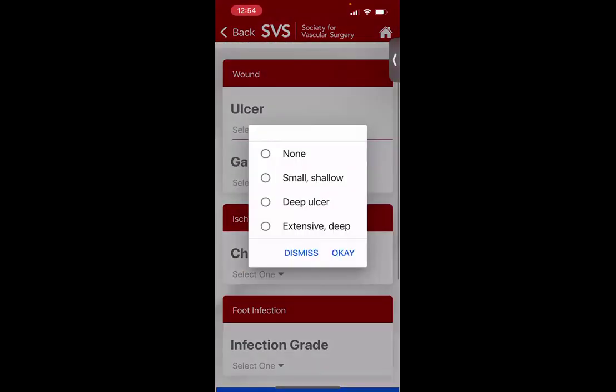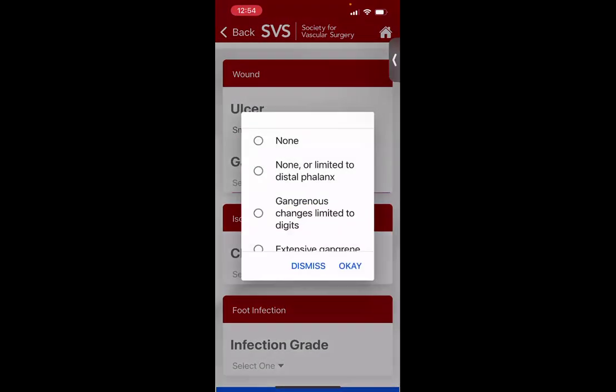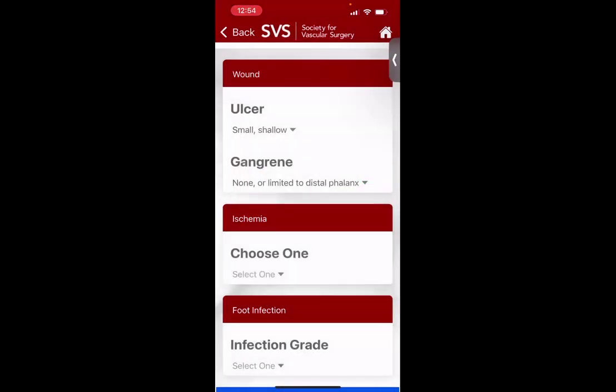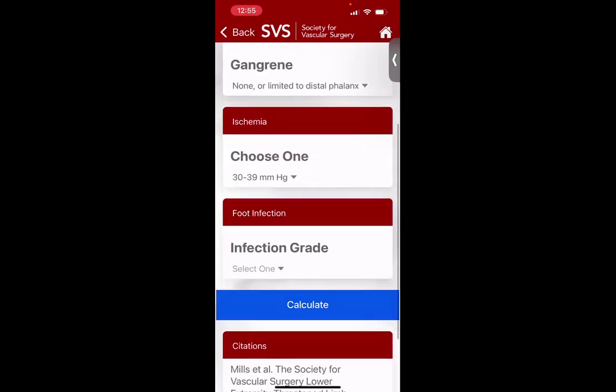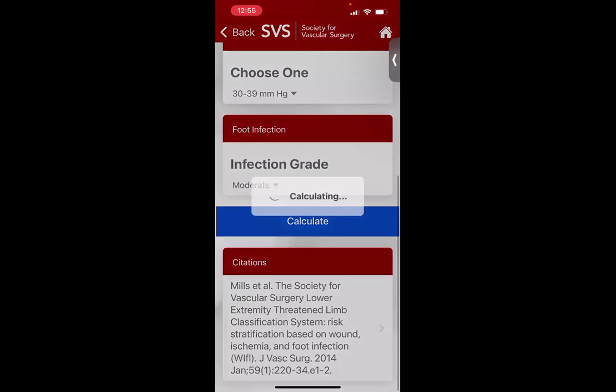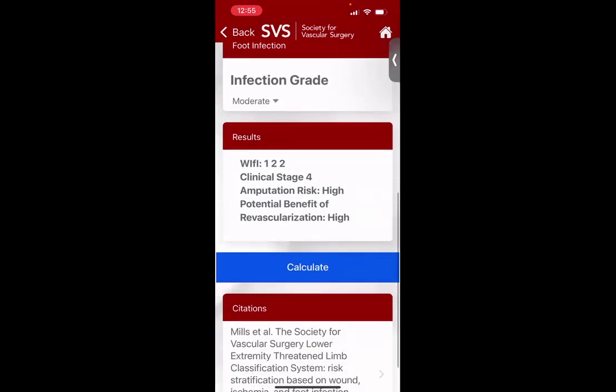If there's a small shallow ulcer, is there gangrene? What's the ischemia? We talked about the toe brachial, the toe pressure, usually less than 40 for CLTI, and severity of infection. Then you can calculate, and this will show you WIfI 1 to 2, clinical stage 4, amputation risk is high, and potential benefit of revascularization is high.